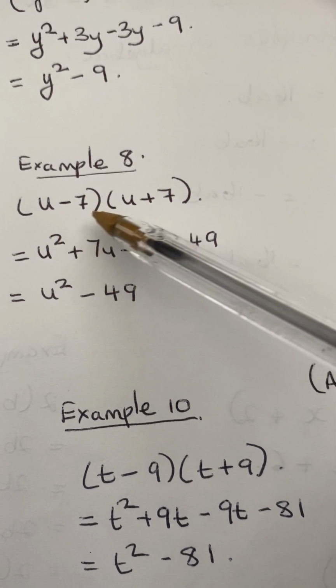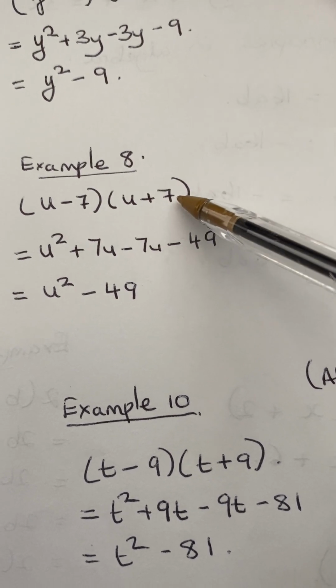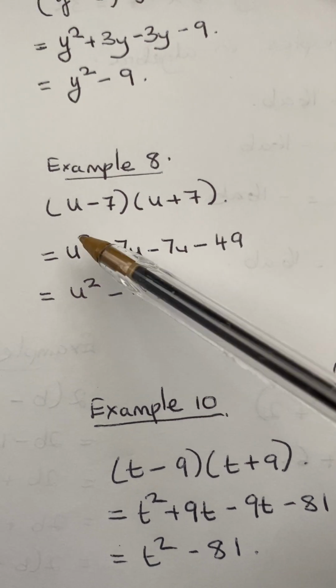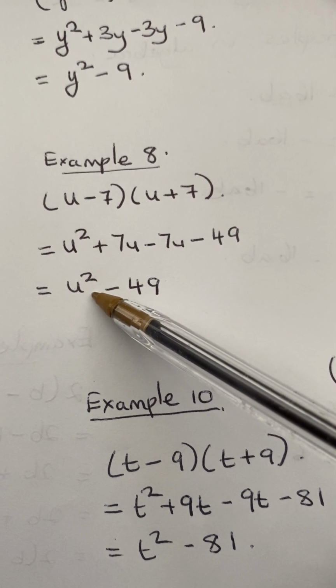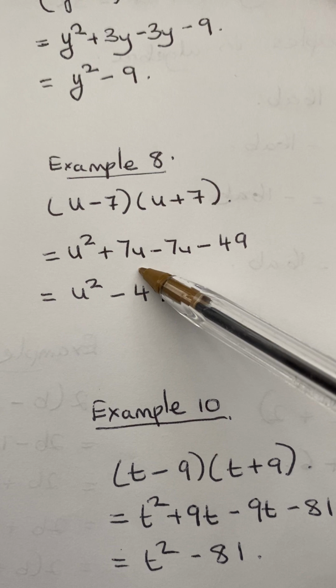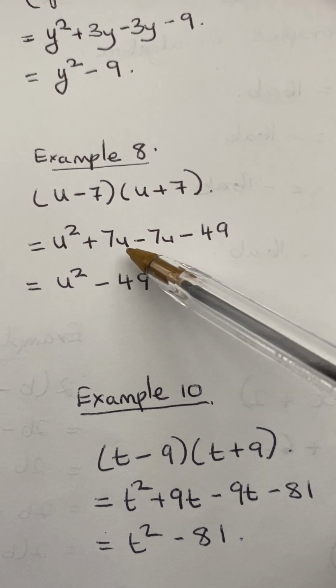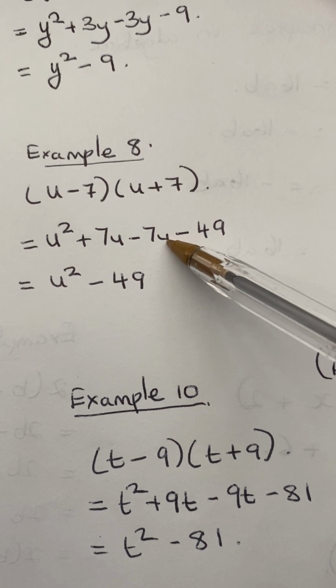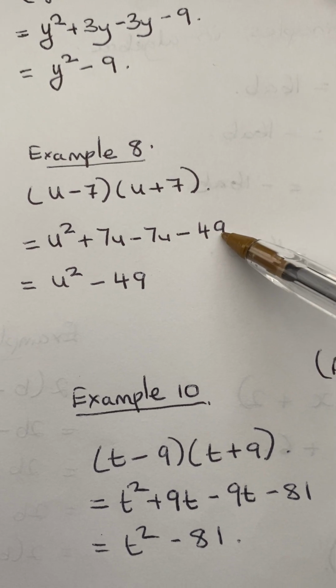Minus 7 times plus 7 is minus 49. Again, we have u squared, 7u minus 7u is 0, and minus 49.